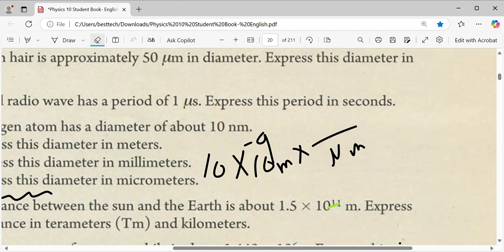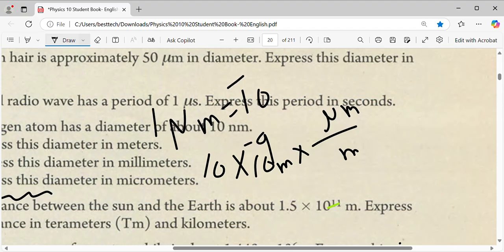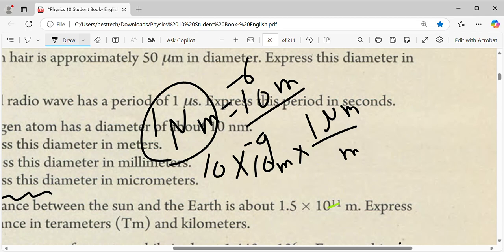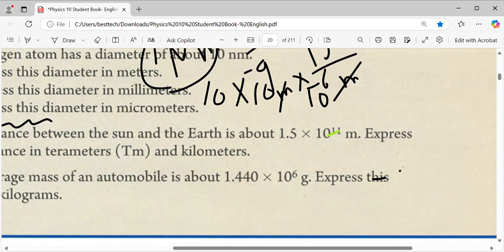We said you have to copy the units. If it's meter, meter, but up micro because the question said make it micro. The rule was 1 micrometer equals 10 power negative 6 meter. I just apply the rule. The one is next to the micro, so you write the one up, and the 10 power negative 6 meter down. The meter we're going to cancel again. Make a line.